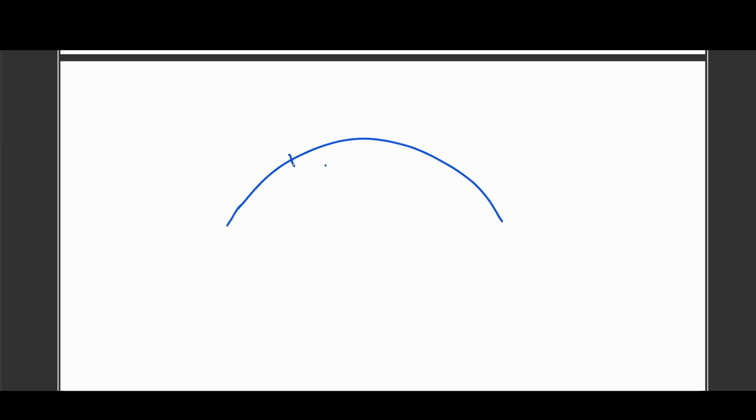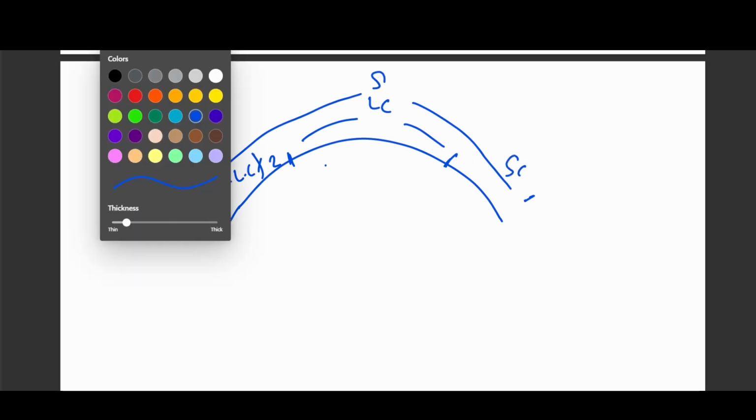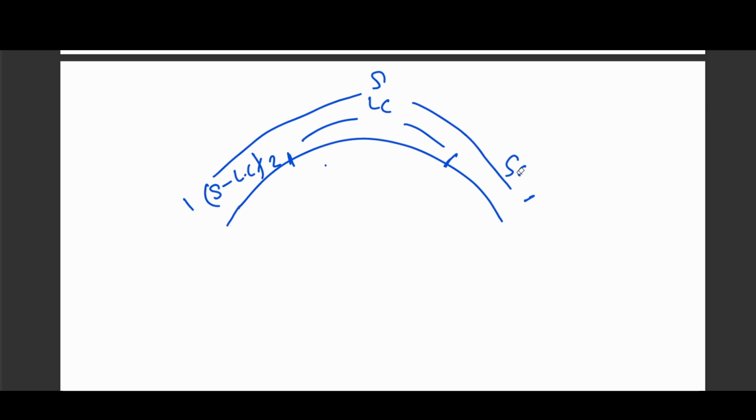The value of LC will lie between this. This is the value of LC, and the stopping sight distance is from here to here, that is s. The LC is up to here, and the stopping sight distance is up to here. So what will be this value? This value will be s minus LC by 2, up to this portion.